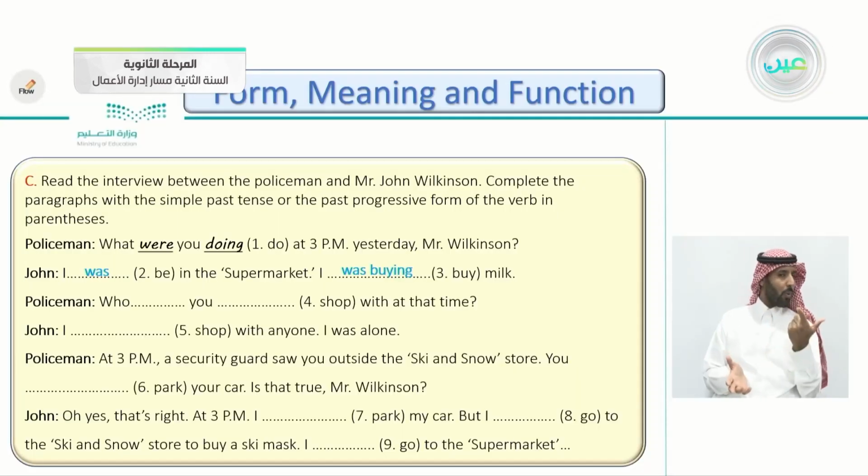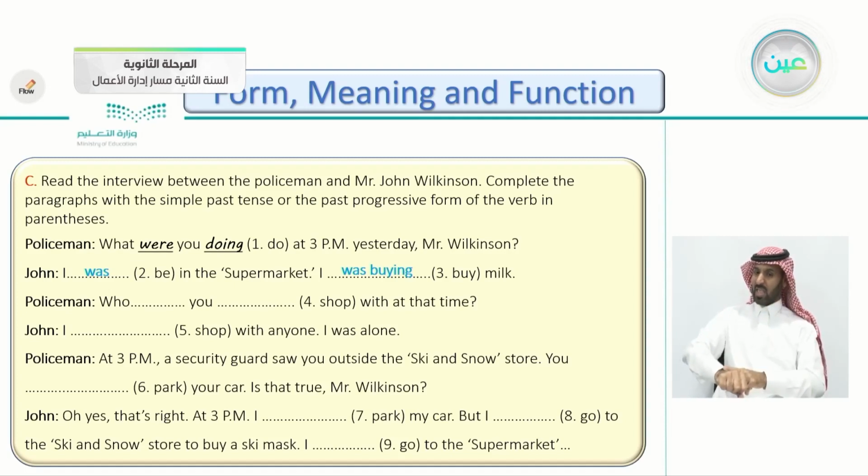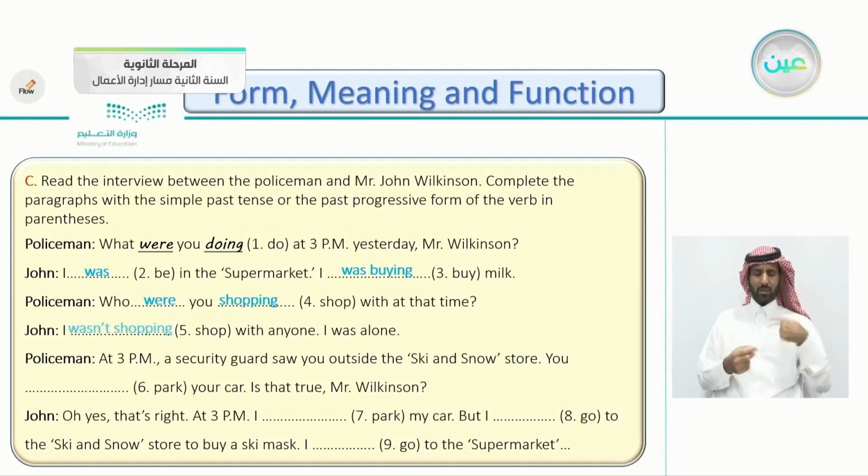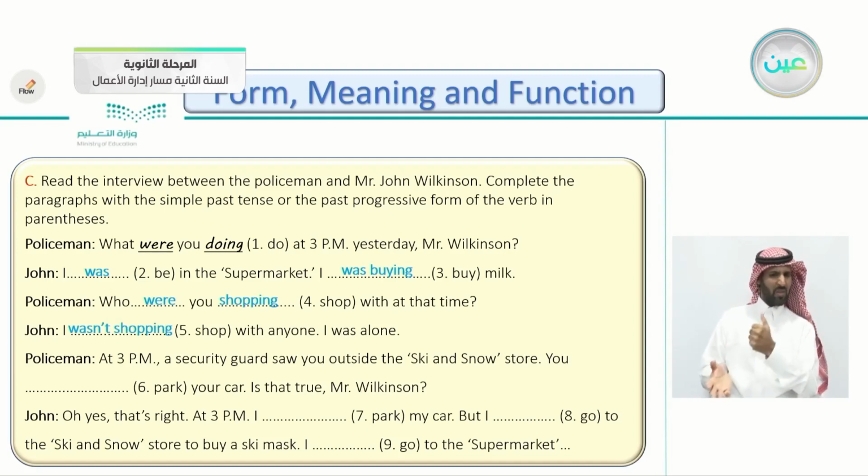Who were you shopping with at that time? Very good. Who were you shopping with at that time? John, I wasn't shopping with anyone. I was alone. So this tells you how to answer. I was alone. Yes, I wasn't shopping with anyone because he said here I was alone.